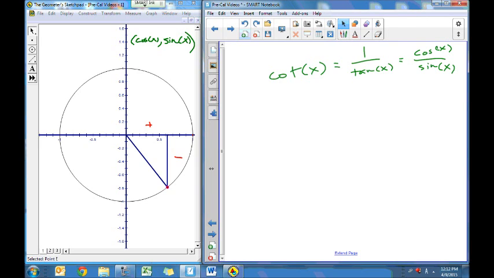Okay, so again, this is made up of sines and cosines, and so it'll be a very similar looking graph. Actually, let me write this over on this side. The cotangent of x is equal to the cosine of x over the sine of x.